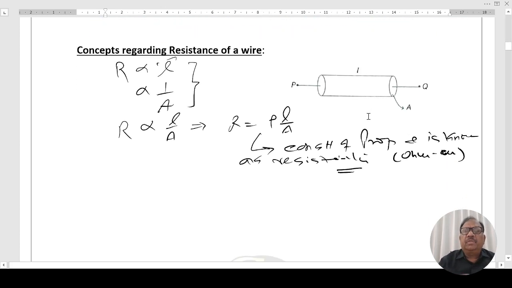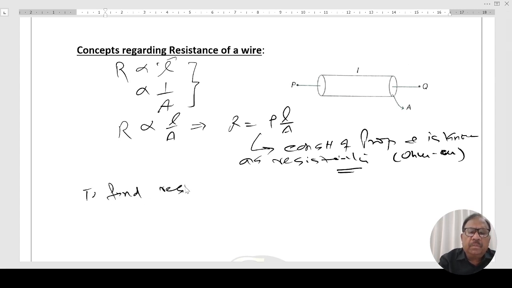Whenever you have to find the resistance, always two points or surfaces are defined.